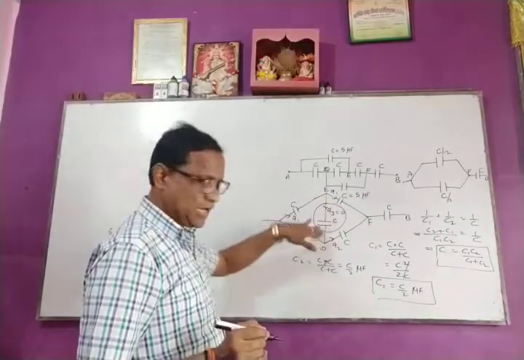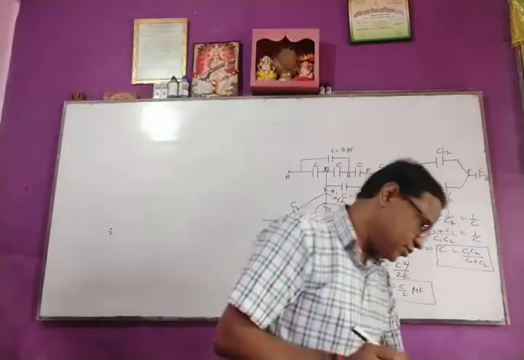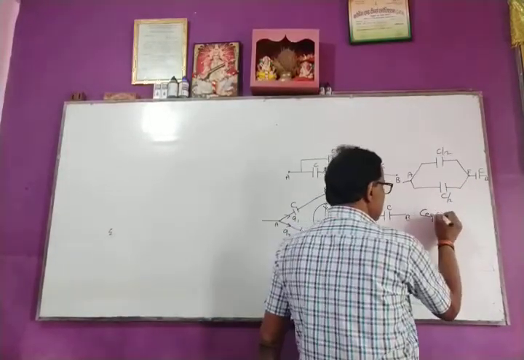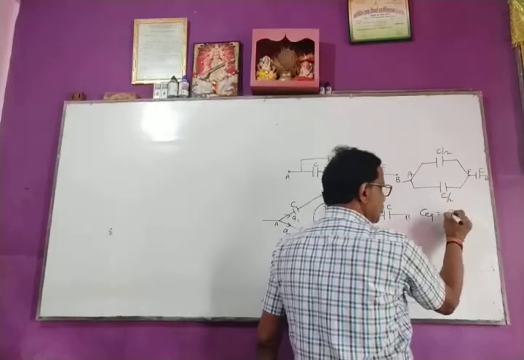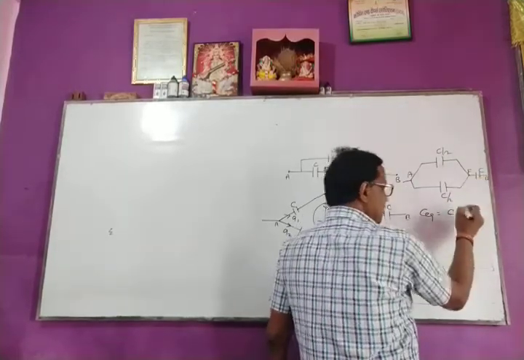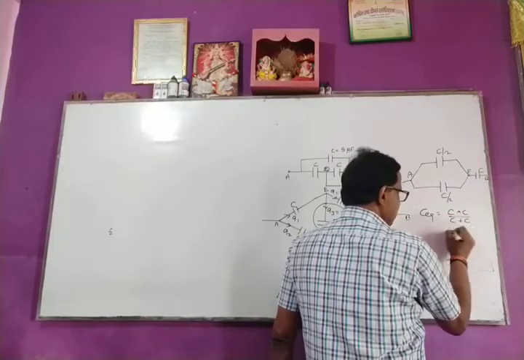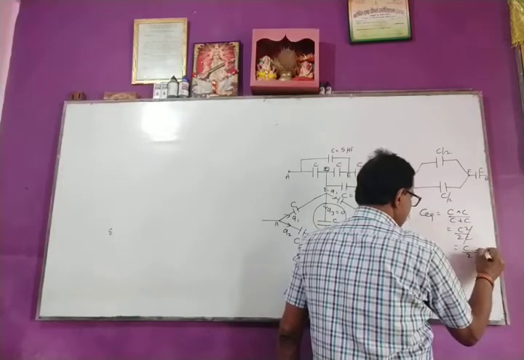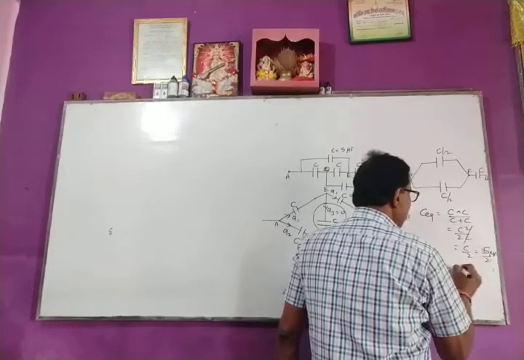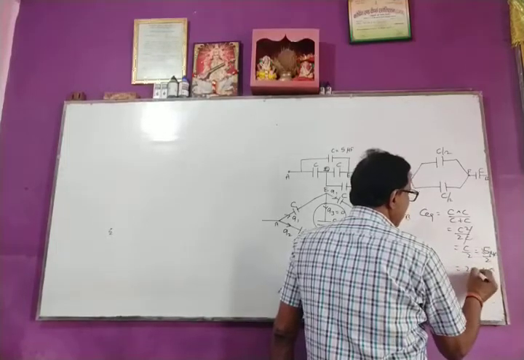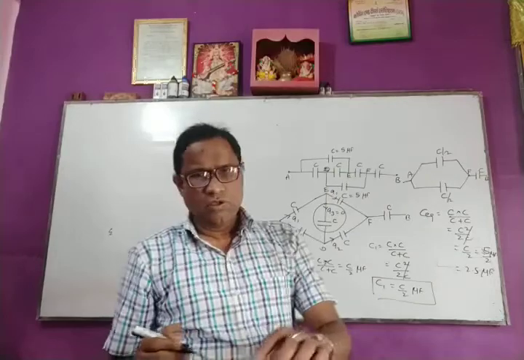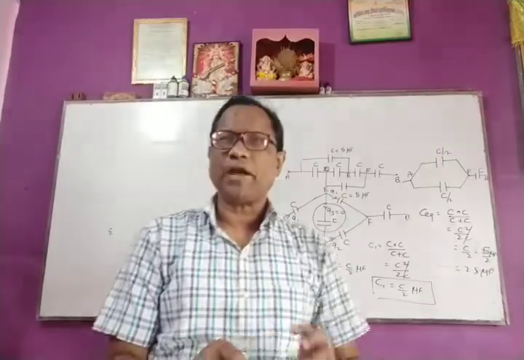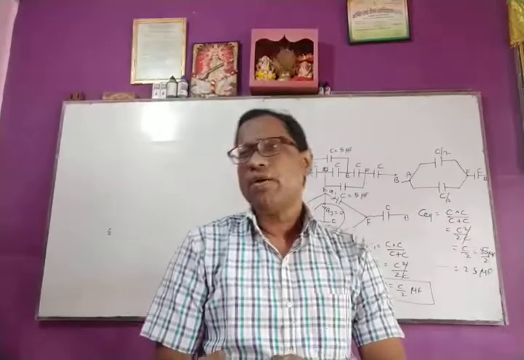So both are in parallel. So C equivalent is equal to C by 2 plus C by 2, which is C. It is in series, so C into C upon C plus C, C square by 2C, C by 2, means 5 by 2 microfarad, meaning 2.5 microfarad. The equivalent capacitance in this arrangement of capacitors is 2.5 microfarad.